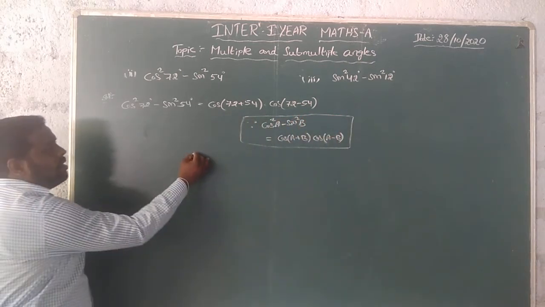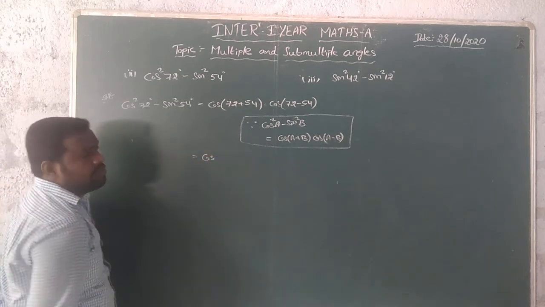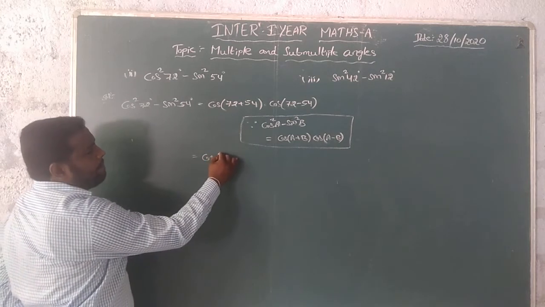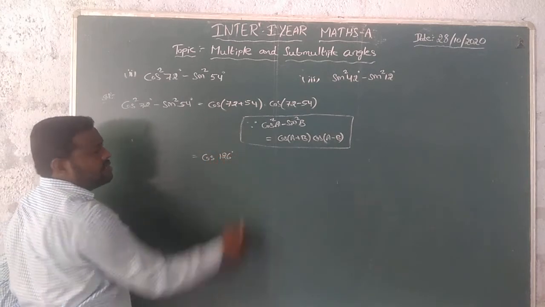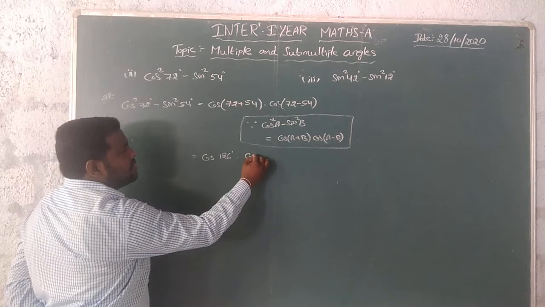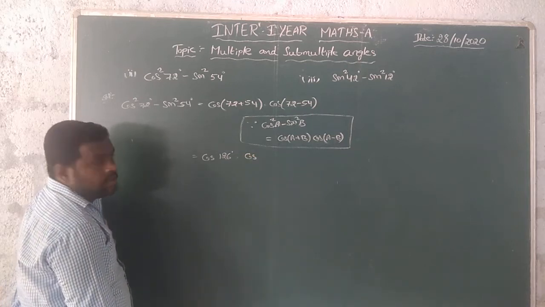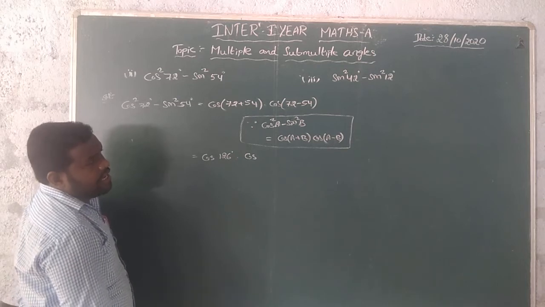That equals cos(72 plus 54), that is 126, into cos(72 minus 54), that is 18.